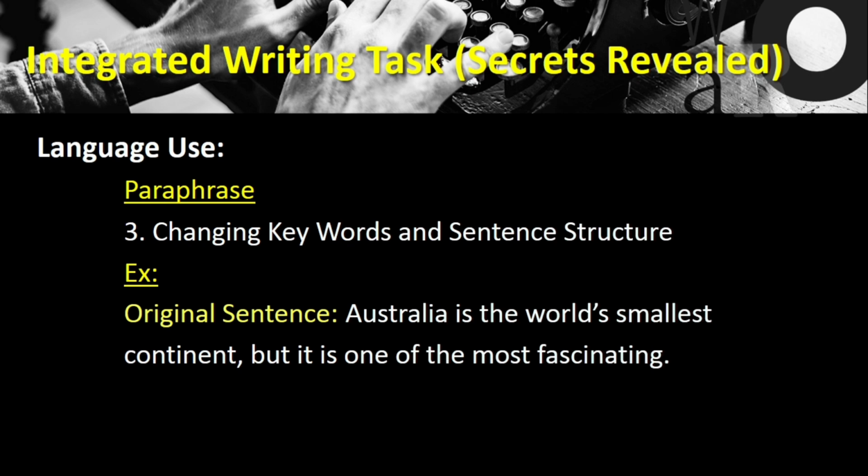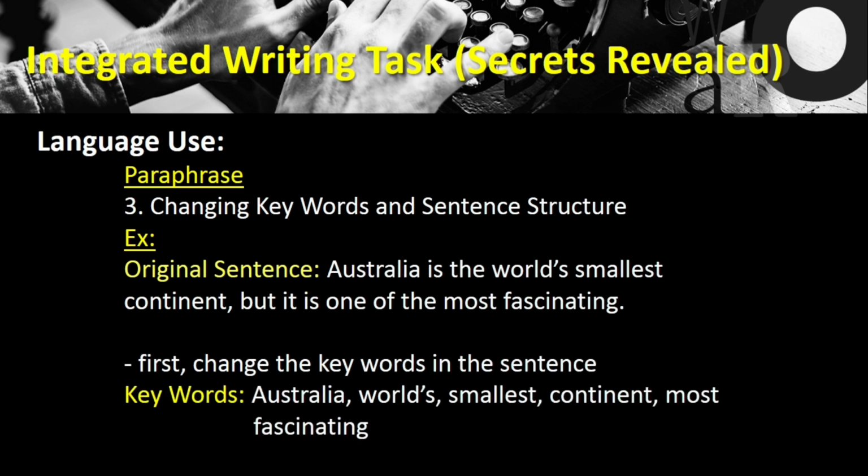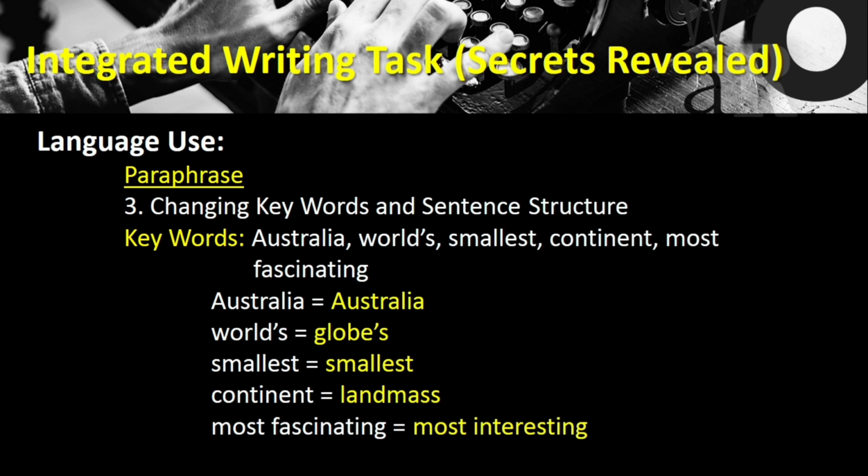To accurately employ the style, you must first replace the key words in the sentence with related vocabulary or phrases. So the key words in the sentence are Australia, world's smallest continent, most fascinating. Australia is a proper noun, so let us not touch it. World's may be replaced with globe's, while the word continent may be substituted with the word landmass.